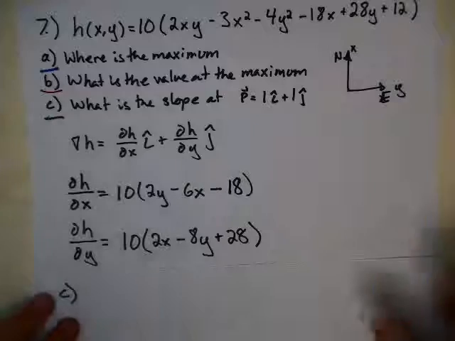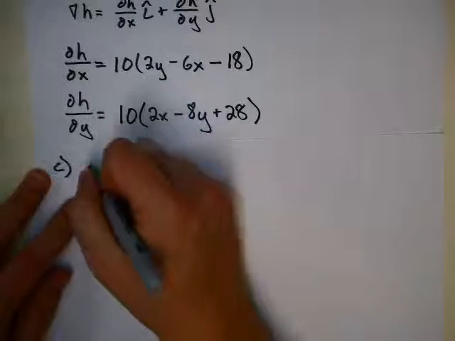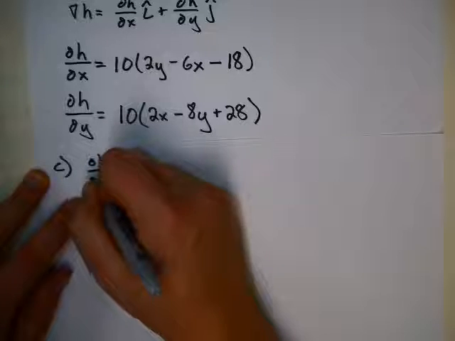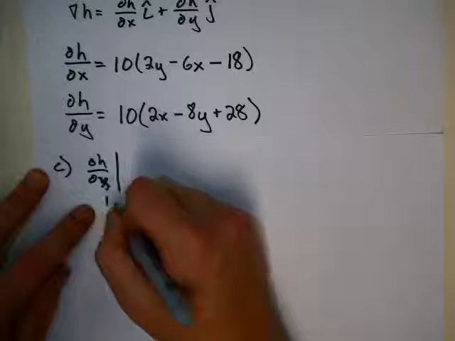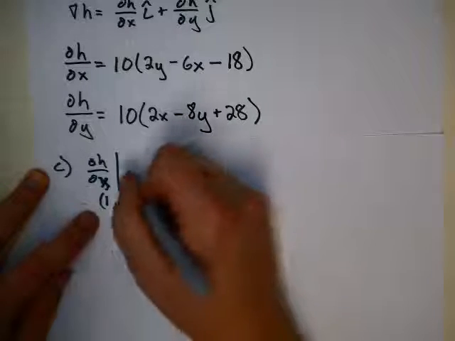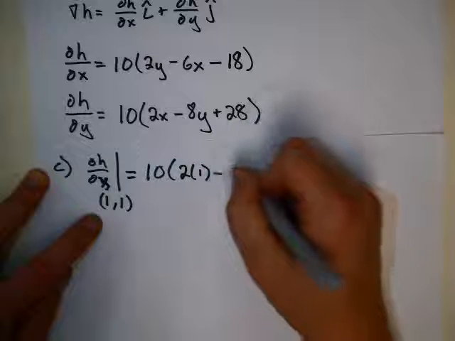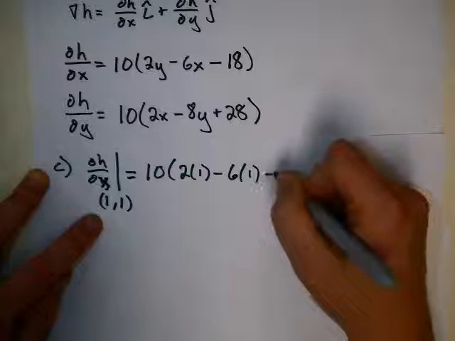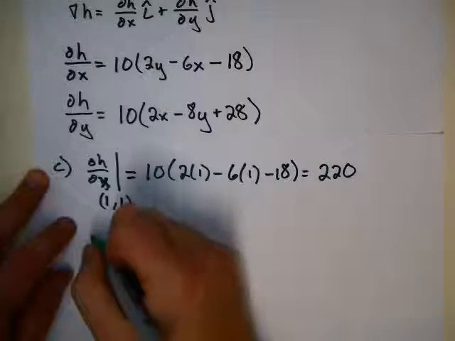The gradient is this, written right there. And so plugging that in, I'm going to find that dh over dx at 1, 1 is going to be 10 times 2 minus 6 minus 18, which is going to give me 220.